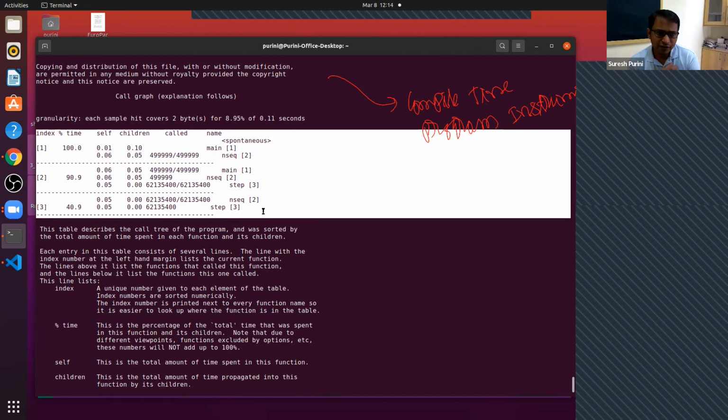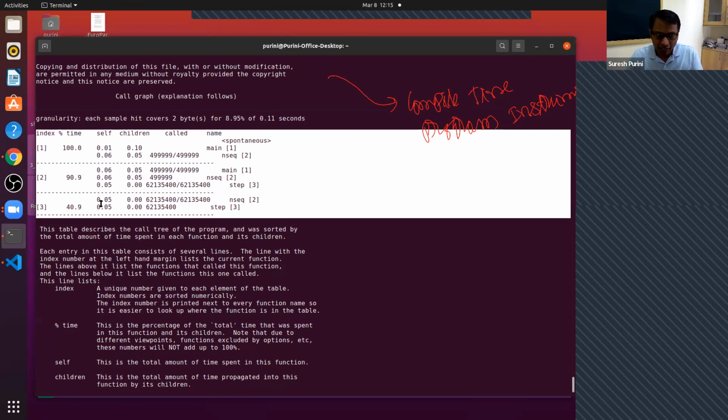But the information generated by gprof is good, but you need to spend some time or gain some experience trying to read it appropriately. For example, the simplest thing we can say is, out of 100% of program execution time, 91% of the time is spent in the nseq function, and out of that 91%, 40% is spent in the step function.